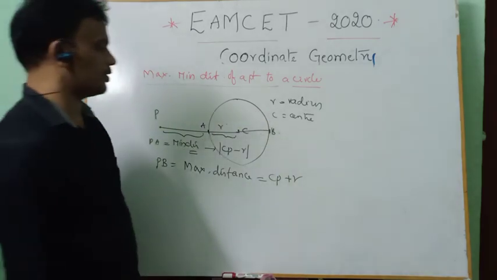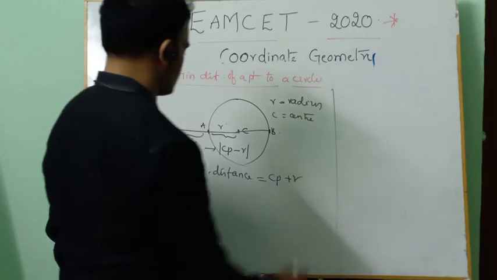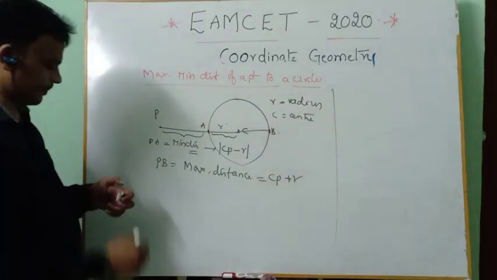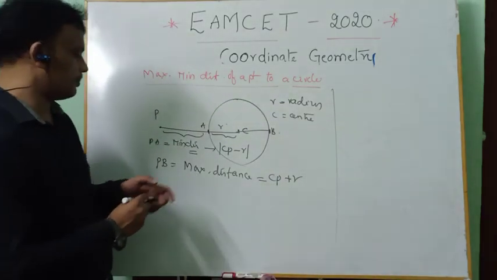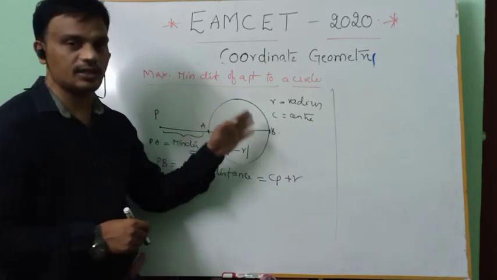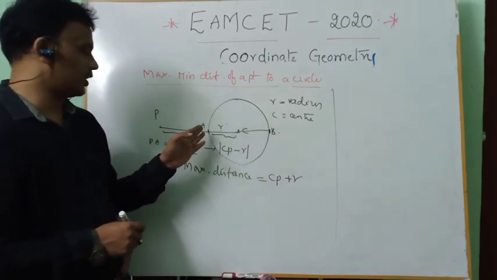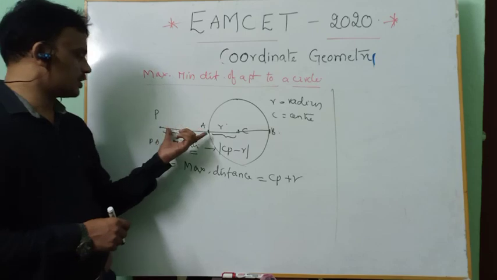Using the same concept, sometimes they ask one more thing: find the point on the circle which is at minimum distance to the given point.